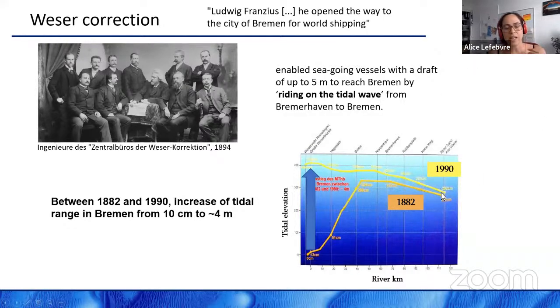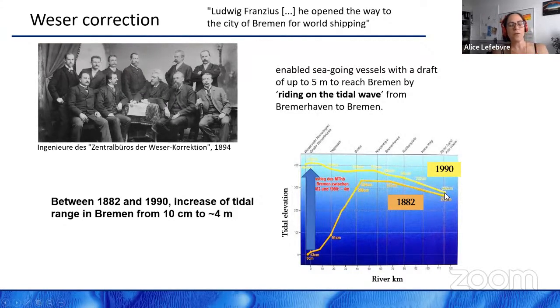On the contrary, the tidal wave would now be amplified through the whole estuary. So there is a shoaling of the tidal wave through the whole estuary, and we go from 2.8 meters outside of the estuary up to over 4 meters in Bremen.